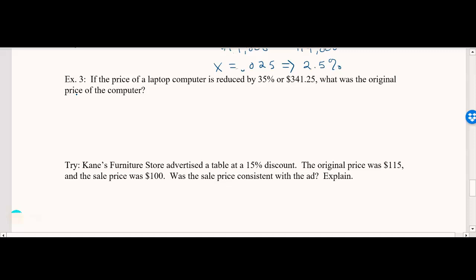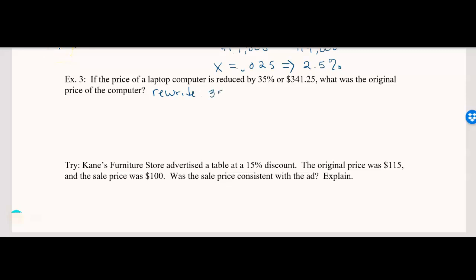Example 3. If the price of a laptop computer is reduced by 35%, or $341.25, what was the original price of the computer? All right, original price. I'm going to rewrite then. What am I asking?